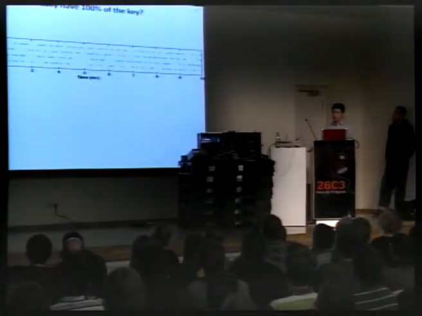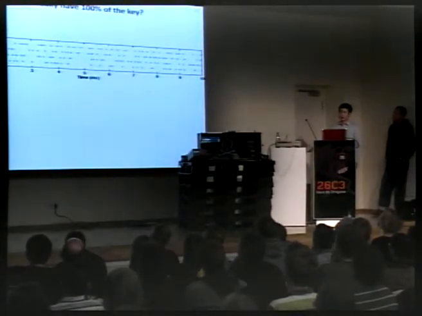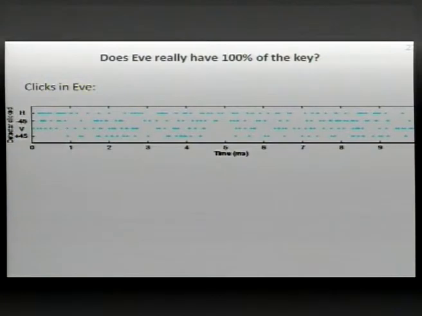So if we see some experiment results, if we do a precise check of Eve's clicks, we have made a time cut of the clicks in Eve. This is a time period of about 10 milliseconds. Every blue dot represents a click at a certain detector at a certain time.